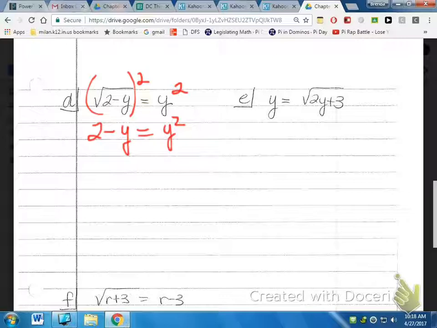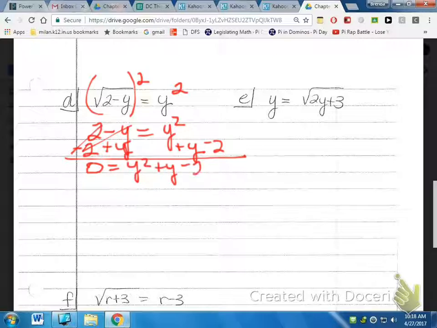Quadratic. Anytime you have a squared term, it is a quadratic equation, and you want one side to equal 0. Since my y squared is positive on the right, you go with that. You add y so that it gets taken over, and you subtract 2 so that it gets taken over, so that this side is 0 and this side is y squared plus y minus 2.